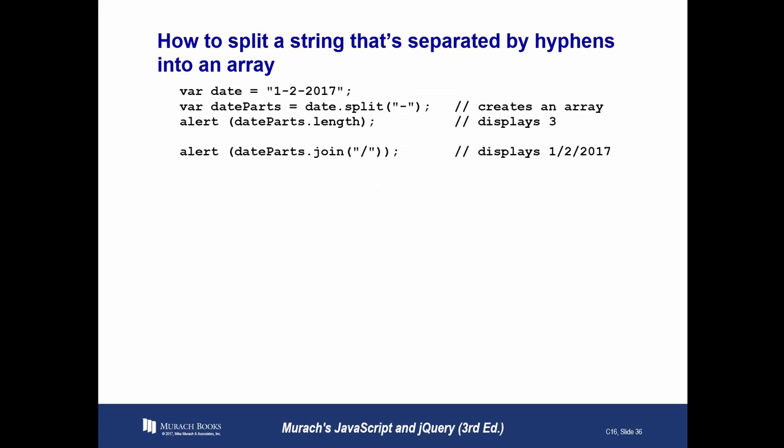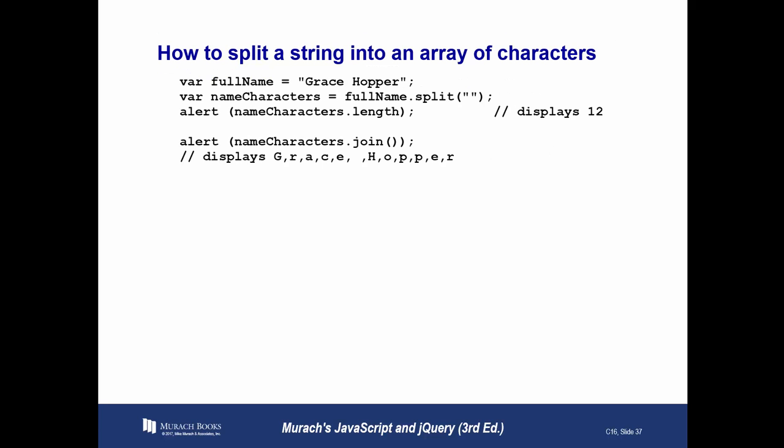The next example shows how to split a string that's separated by hyphens. So here we would be separating a date into its components. This next example shows how to split a string into individual characters.